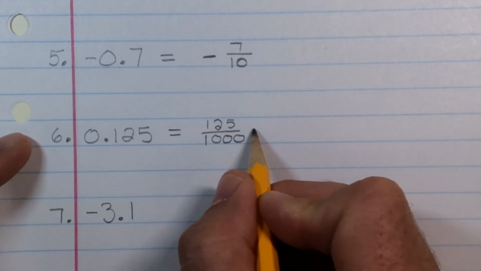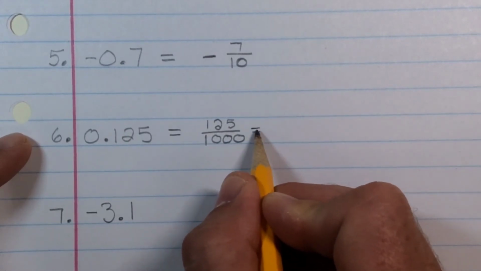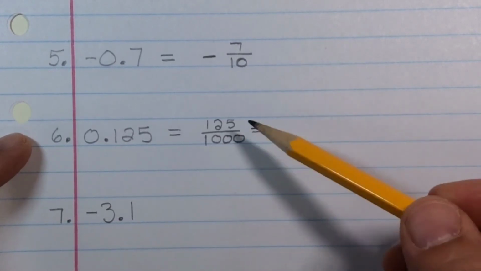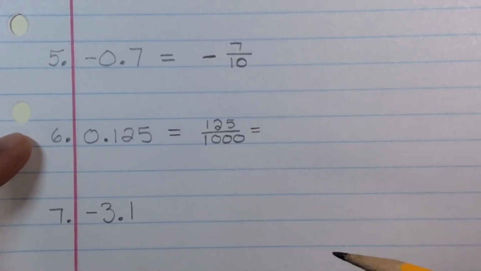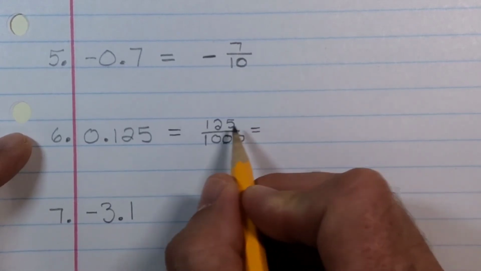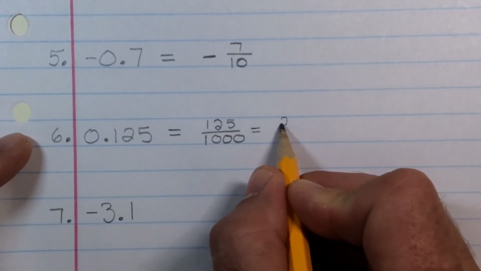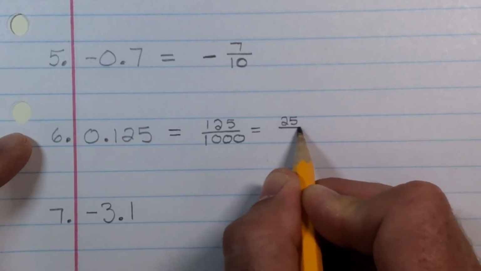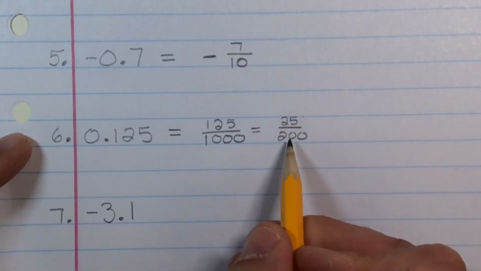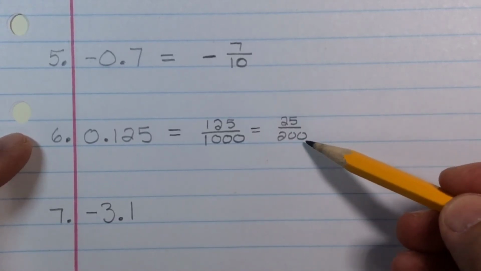Now this can be simplified, and let's see, what can go into both of these numbers? Well, I know 5 can go into both of them, because if it ends in a 5 or a 0, you can divide by 5. 5 goes into 125 25 times. 5 goes into this 200 times. Well, I'm not done. It ends in a 5 and a 0 again.